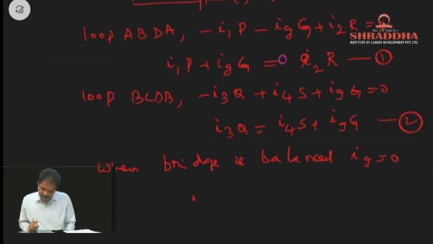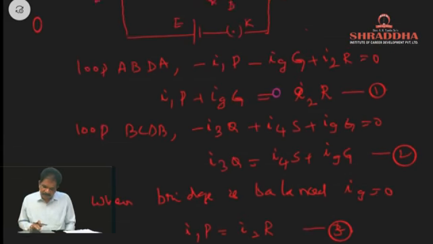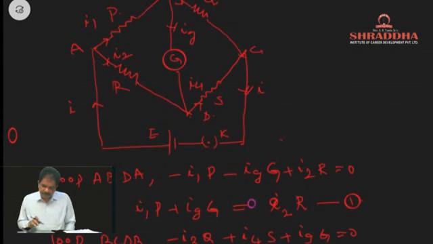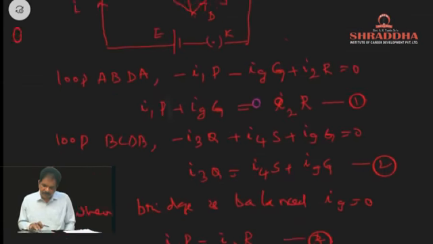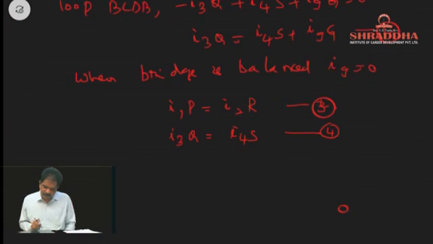Then we can write I1P is equal to I2R, let it be equation 3. I3Q is equal to I4S, let it be equation 4. But here, because there is no current flowing through the galvanometer, I1 value will be equal to I3, and I2 value will be equal to I4.